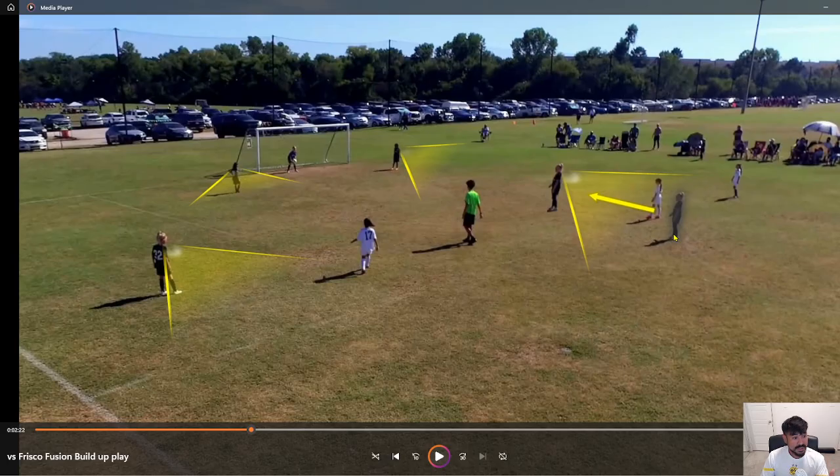So we must find the unbalance in the other team by moving the ball, scanning, seeing where we're at, and being able to penetrate the space and attack and create goal-scoring opportunities by either passing with the through ball, crossing, or dribbling it ourselves into the space, breaking the lines to create a goal-scoring opportunity. Okay, so let's move on.